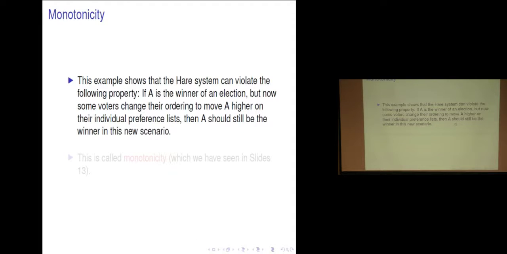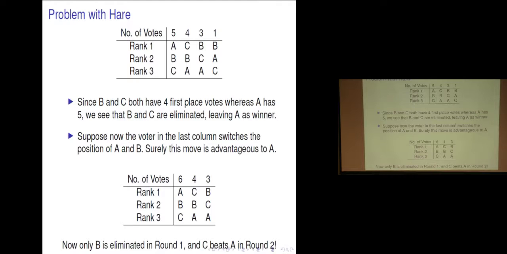So I guess I don't need to repeat the monotonicity, right? The monotonicity says if A was a winner and you are trying to help A by giving A more votes, and A is still the winner, you shouldn't hurt A. But in the Hare system, this example just showed we are trying to help A by giving him 1 more first choice, and it turns out A gets out, right?